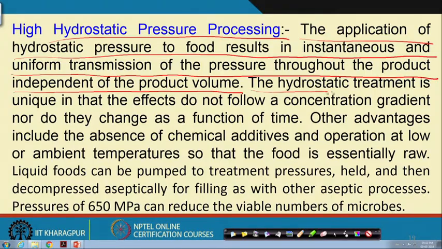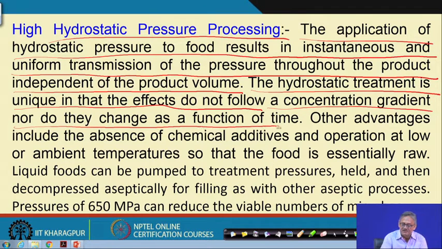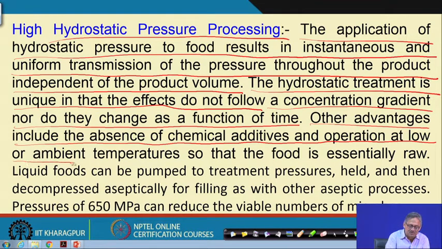The hydrostatic treatment is unique in that the effects do not follow a concentration gradient, nor do they change as a function of time. Other advantages include the absence of chemical additives and operation at low or ambient temperature, so that food is essentially raw.